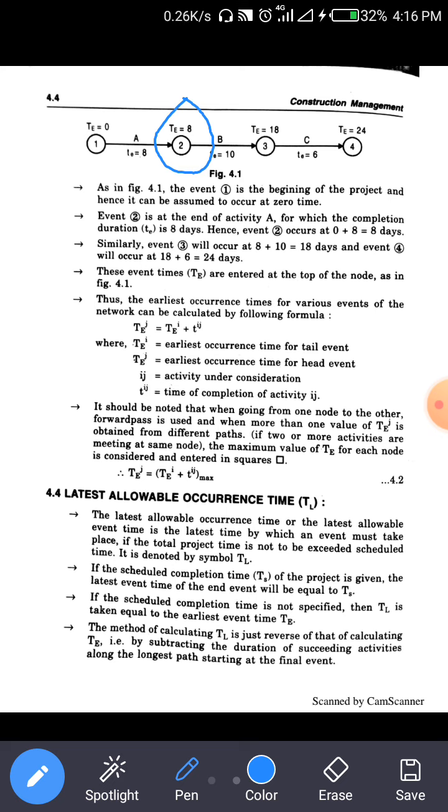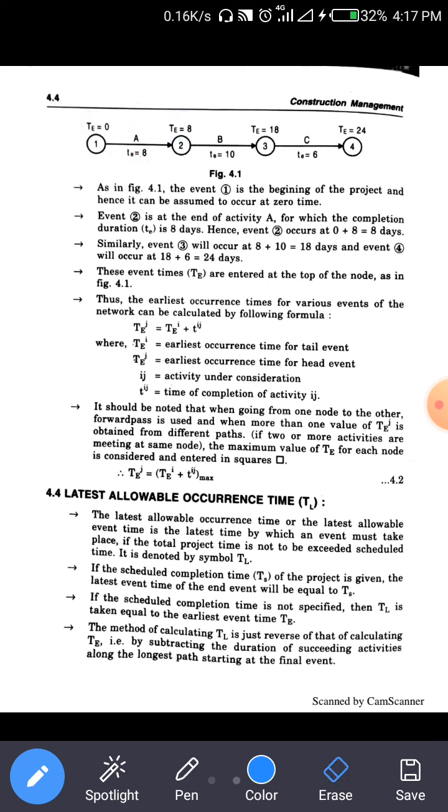Hence event 2 occurs at 0 plus 8, which is equal to 8. Event 2 is the end of activity A, and similarly event 3 is the end of activity B, which starts from 8 days.